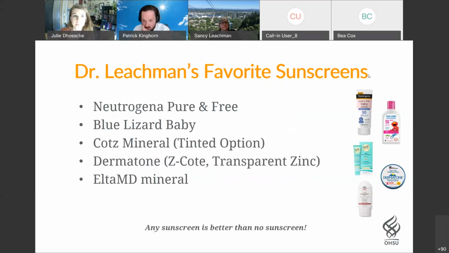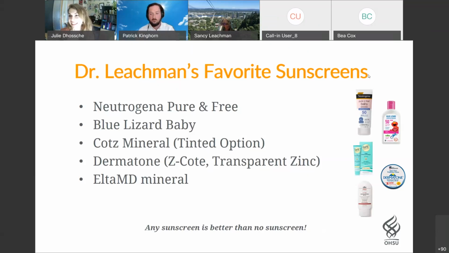Dr. Leachman gave me some of her favorite sunscreens, which we've included, and some of mine align with this. Everyone's a little bit different, but these are all mineral blockers: Neutrogena Pure and Free, Blue Lizard Baby, Coats Mineral. I think a lot of people remember mineral sunscreens from a while ago, and they were all white and really thick, and you could see them on your face.